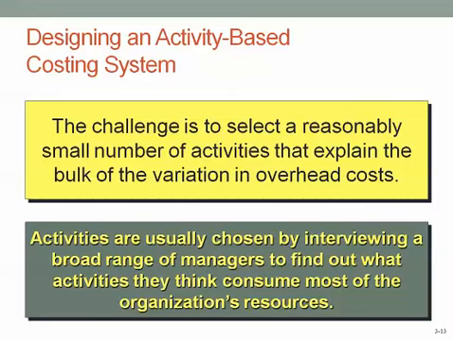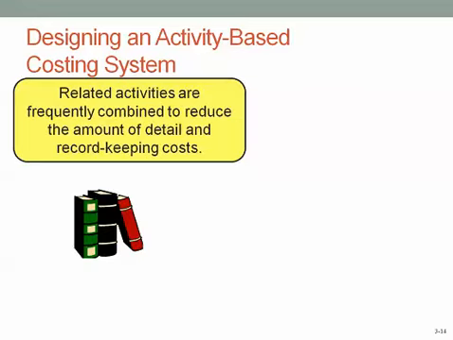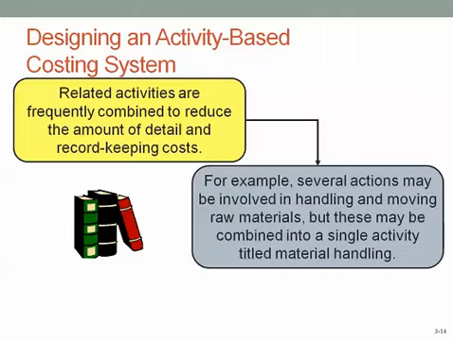In designing our activity-based costing system, related activities will frequently be combined to reduce the amount of detail and record-keeping costs. For example, several actions might be involved in handling and moving raw materials, but these will be combined into a single activity simply titled Material Handling Costs.